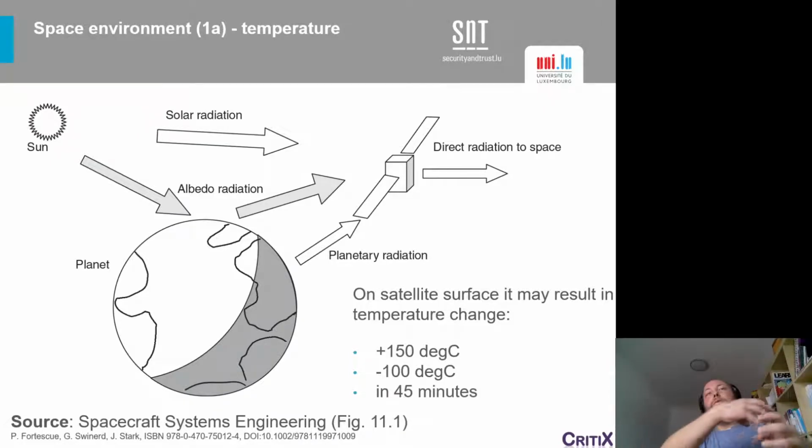It's either fully in the sun and then it's going behind the Earth into the Earth's shadow, fully eclipsed. So the temperature variation can easily reach 200, 250 degrees, and it will change over 40, 45 minutes, at least on low Earth orbits, because we are talking about 90 or 100 minutes of the orbital period here.